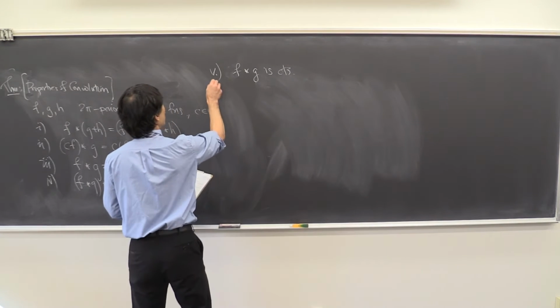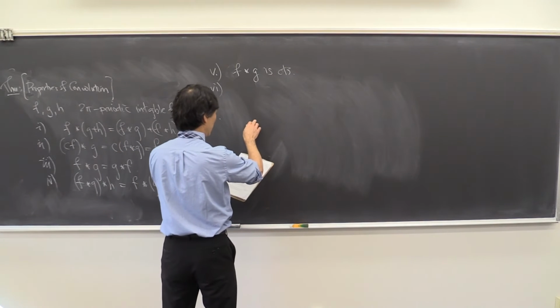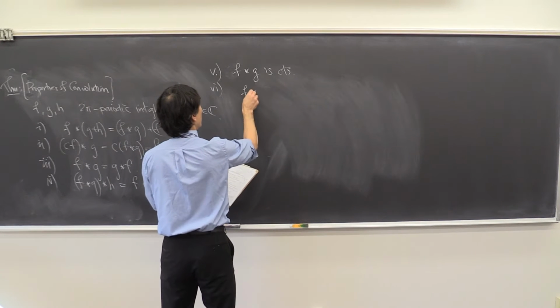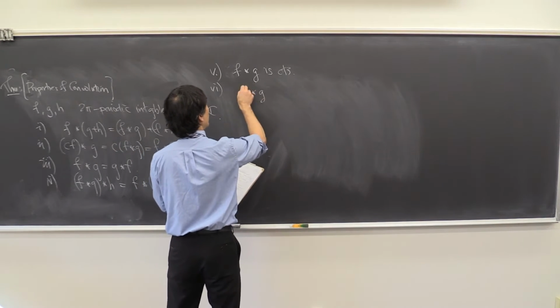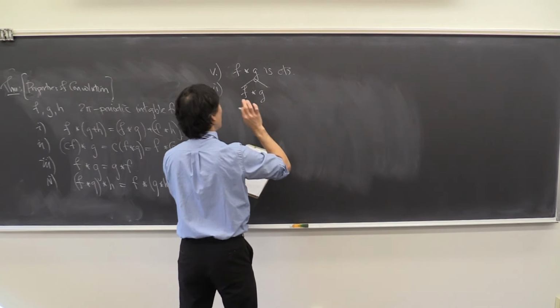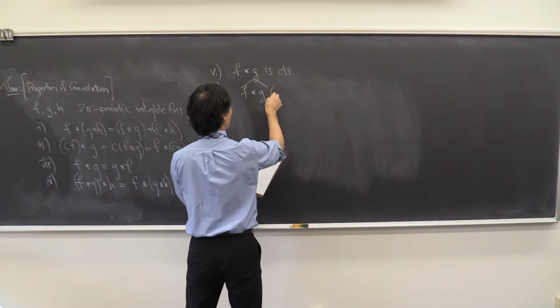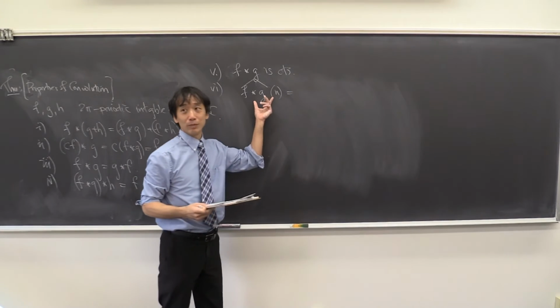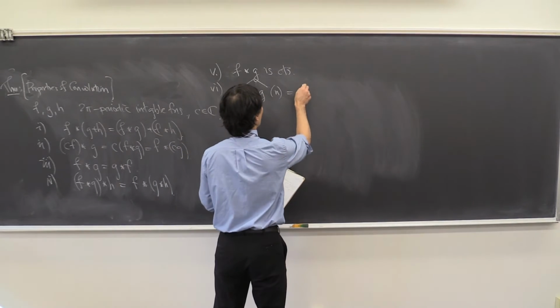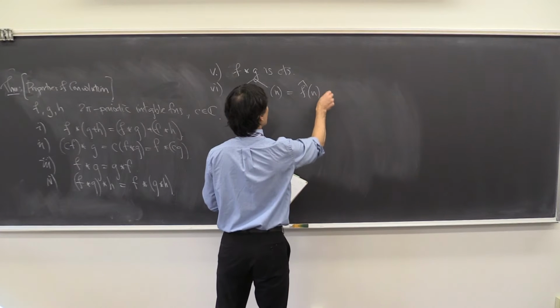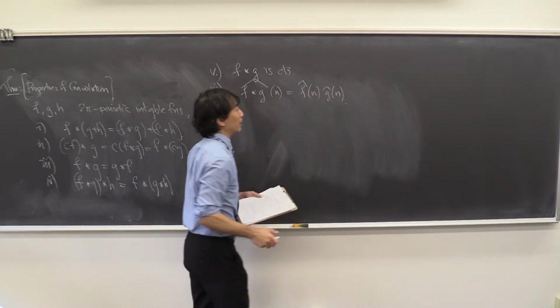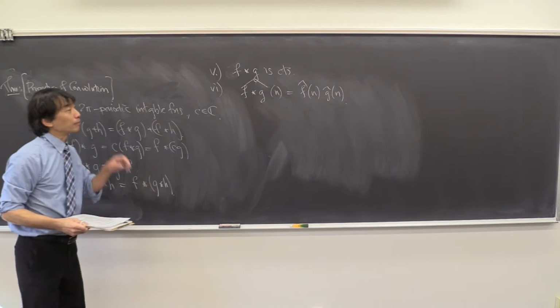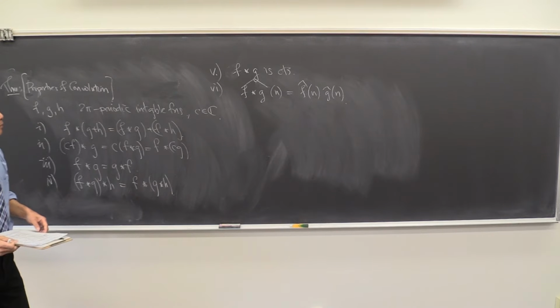Okay. And then the sixth one, and this is the important one for us: if you look at the Fourier coefficients of the convolution, that actually gives you the product of the Fourier coefficients of the factors.